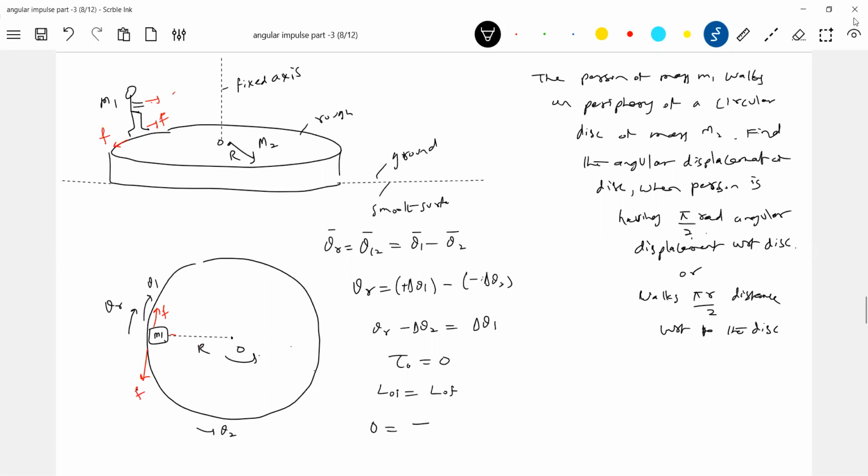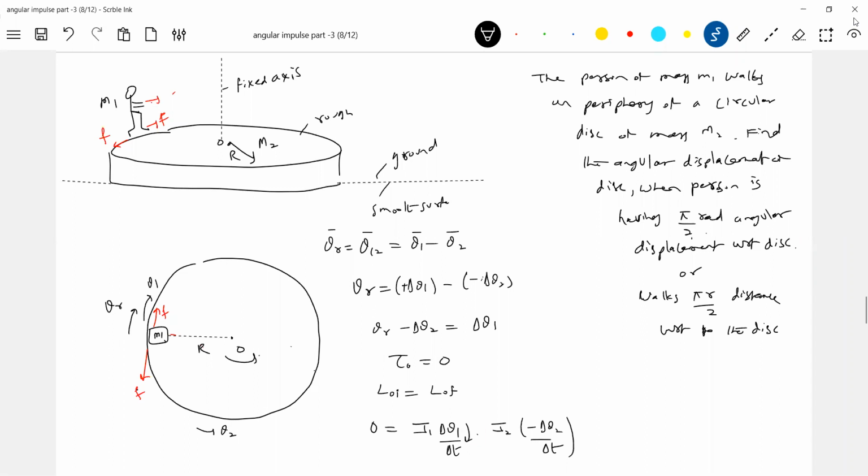So this should be the moment of inertia of the person, I1, into delta theta 1 by delta t, because angular displacement by time is nothing but angular velocity, plus this will be I2. Negative sign, I'll put it. Why negative sign? Because the angular momentum of the disk is anti-clockwise.